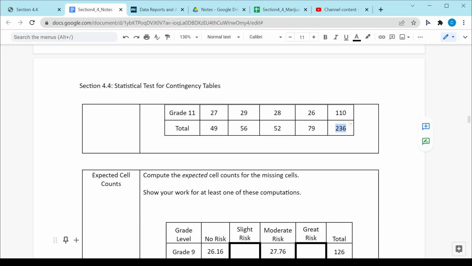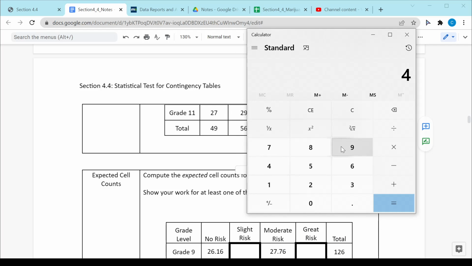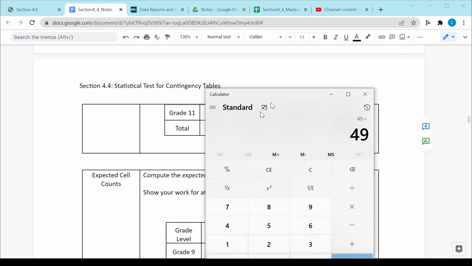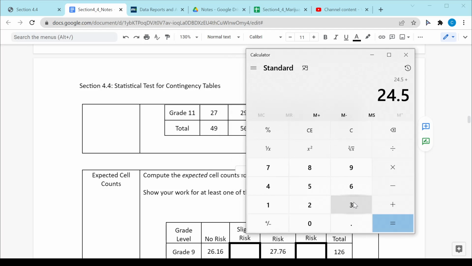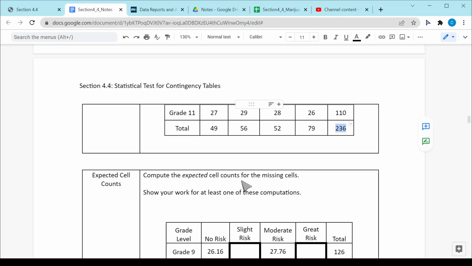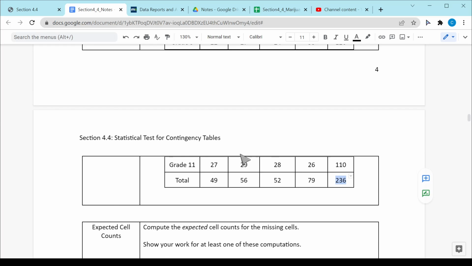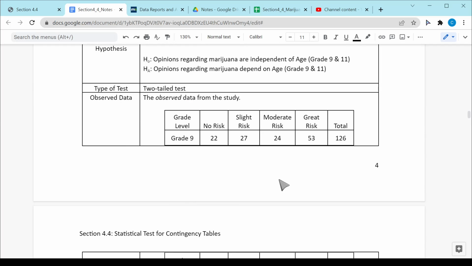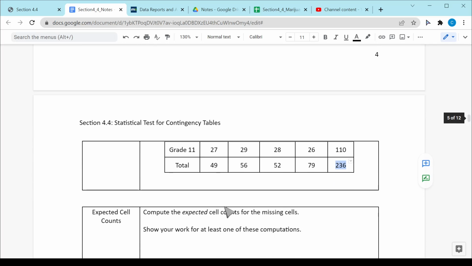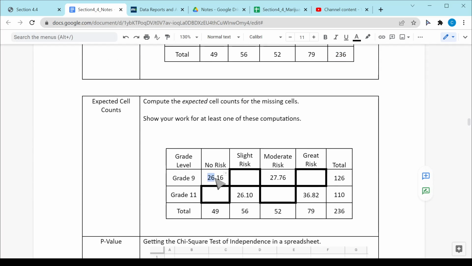So let's grab a calculator here and do that. 49 divided by 236. It's 31%. So when I ignore the grade level here, 31% of the kids think that smoking weed's of no risk. So 31% of the 9th graders should be in this group. So that's where this 26.16 is coming from.